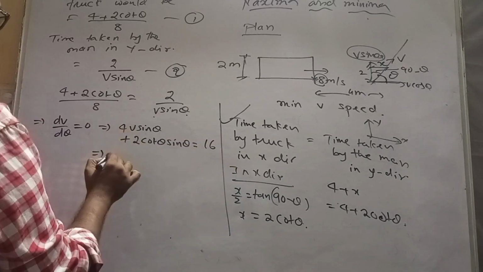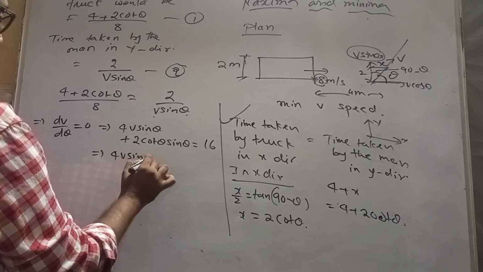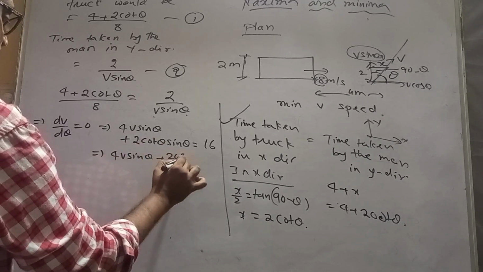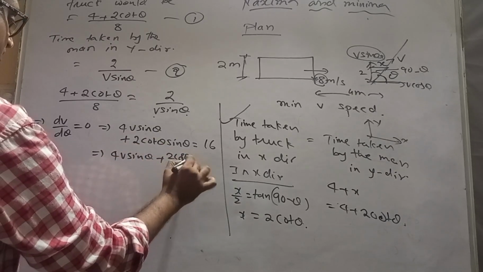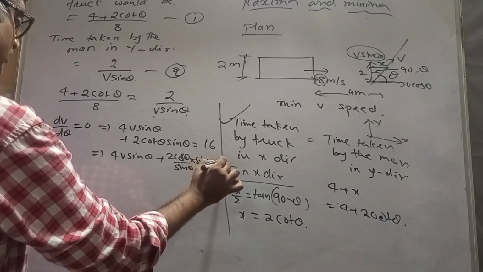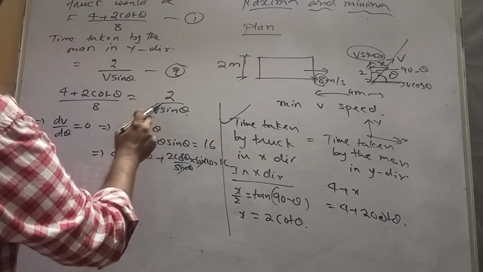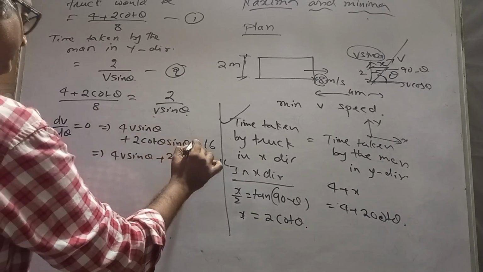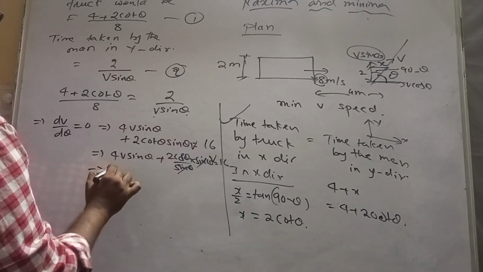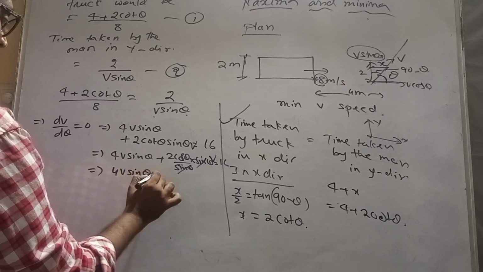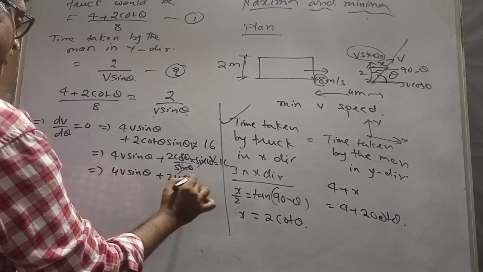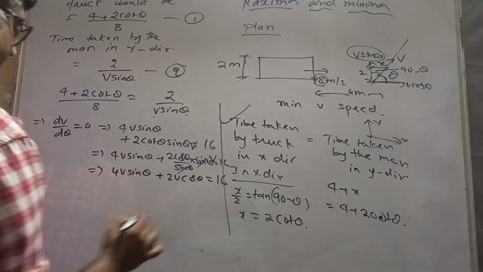This implies 4v sin theta plus 2 cos theta by sin theta into sin theta is equal to 16. The sin cancels, and there is a v here as well. So finally you get 4v sin theta plus 2v cos theta is equal to 16.